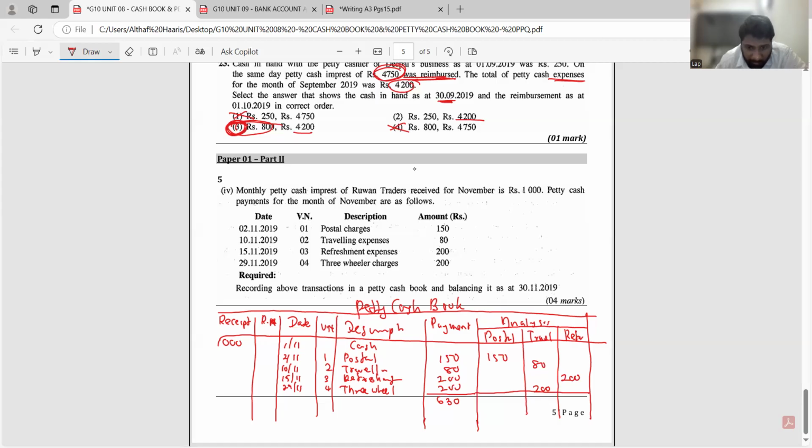Then we can balance it, both sides to 1,000. November has only 30 days. The balance is 1,370 in total.